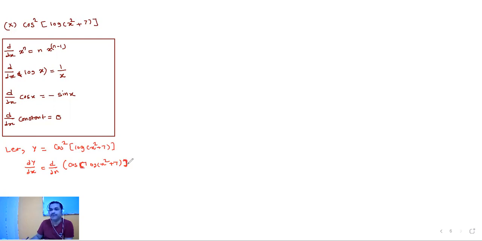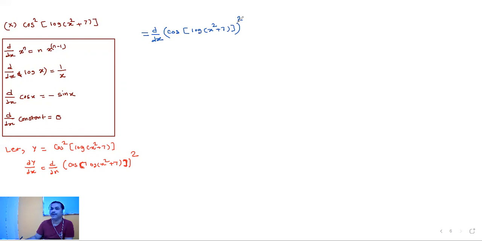This particular part is in a square bracket, squared. So we will write further, equal to d by dx of cos of log of x square plus 7 squared. The bracket is in the sum they have given, so we will not change anything in respect of that. And we'll put our bracket from our side, a curve bracket.